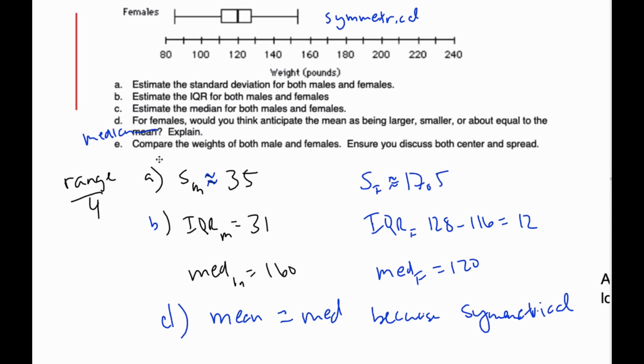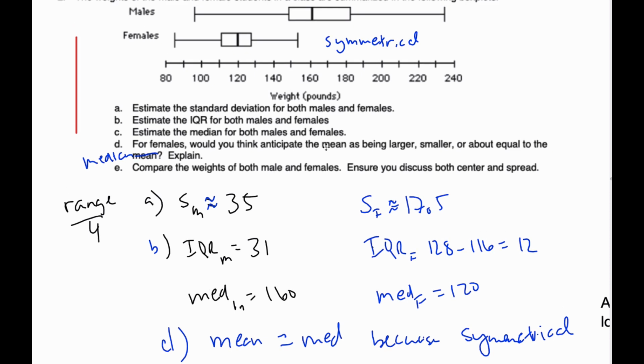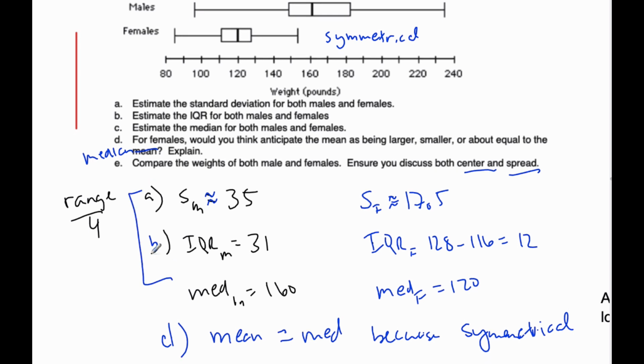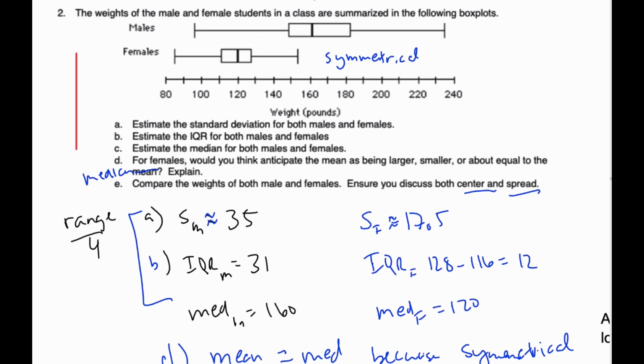And now part E says compare the weights of both males and females. Ensure we've discussed the center and the spread. Well, I've got the numbers now. I just have to interpret them. When I look at these, I can say from the medians, the males are typically heavier, or have a larger weight, than the females because the median of the males is higher than the median of the females.